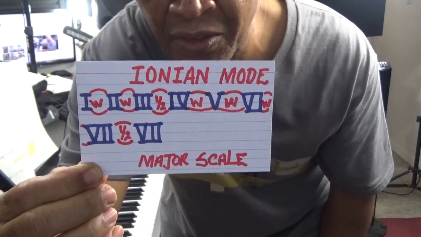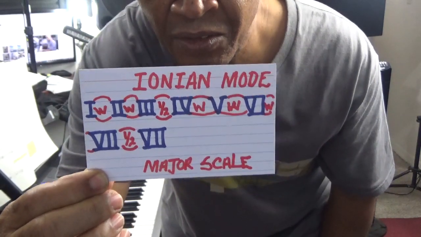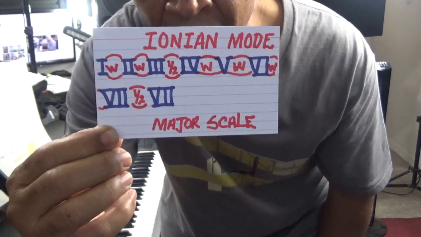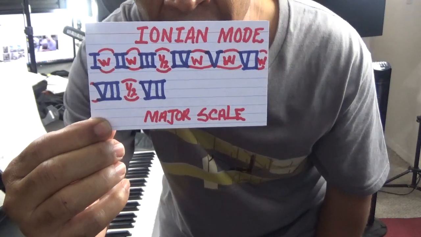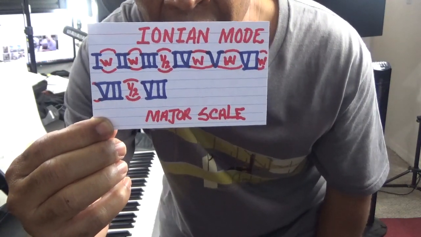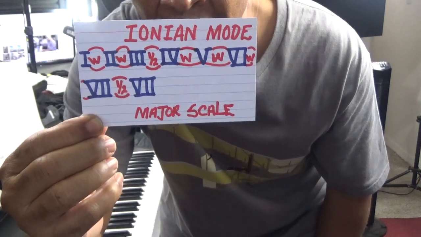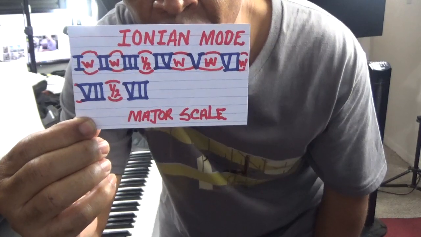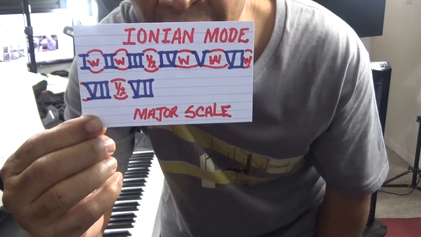So you got 1, 2, 3, 4, 5, 6, 7, 8, and look at the 2 half steps. One half step is between note number 3 and 4, and the other one is between note number 7 and 8.